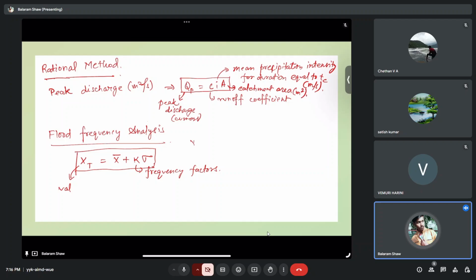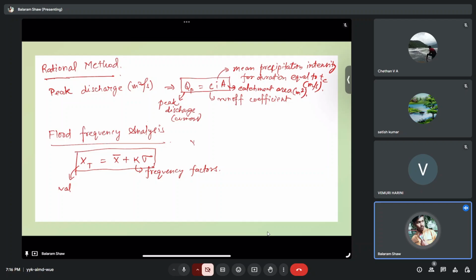And x bar is the mean of the flood data, and sigma is the standard deviation of the data, and k, as I mentioned, is the frequency factor. This k, if you see the equations, mostly depends on the return period t and on the frequency distribution.